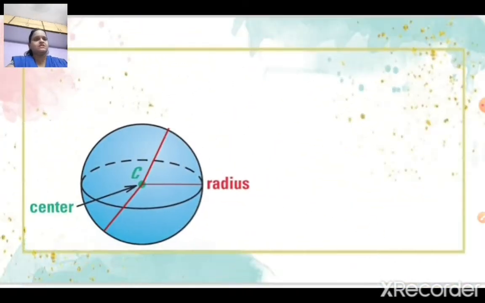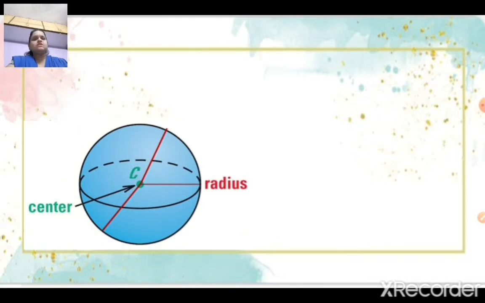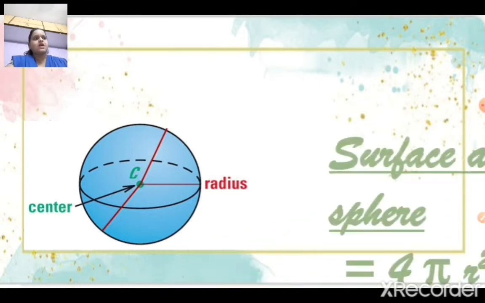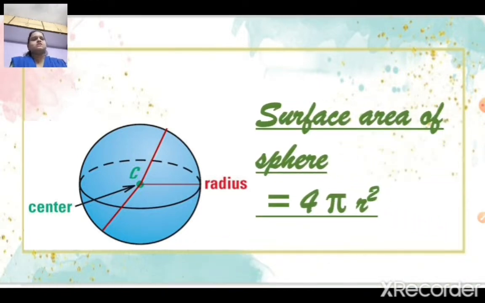So before that, let us revise the formula once again. If it is a sphere, we require the radius of the sphere that we will consider as r. And the surface area of the sphere is equal to 4 pi r square. Here the whole sphere is a curved shape, so we will not take a separate total surface area and curved surface area.